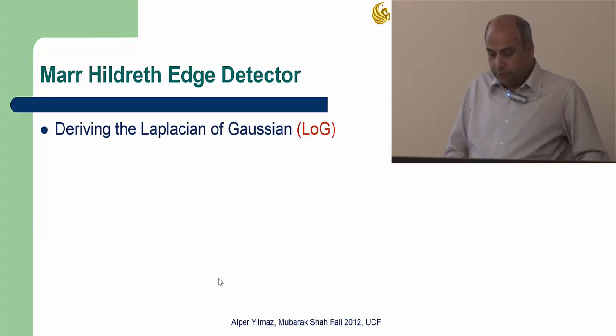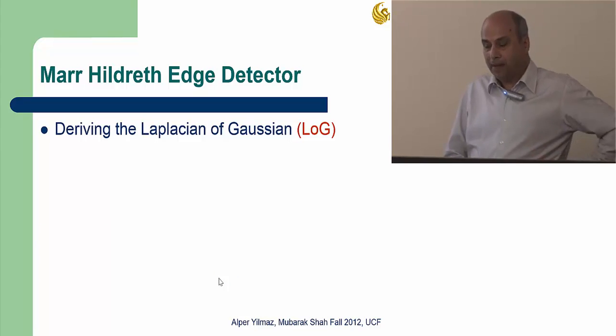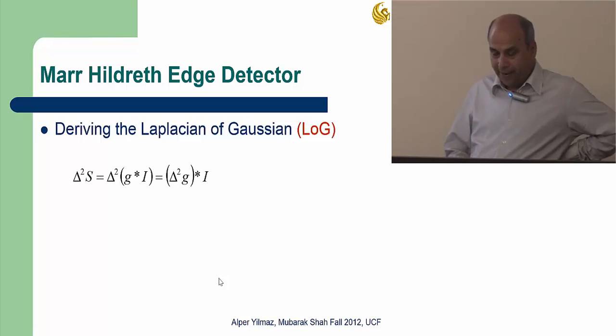Now, how do we derive the Laplacian of Gaussian? We can just come up with a mask for this. We have an image and we are convolving with Gaussian, then we get a result and we are finding the Laplacian of that.